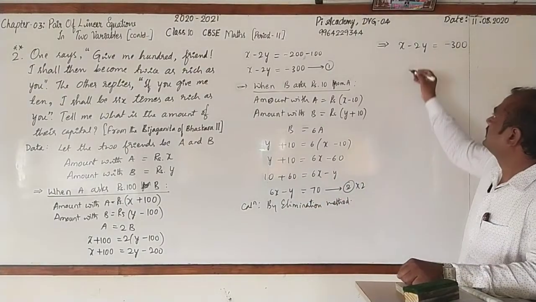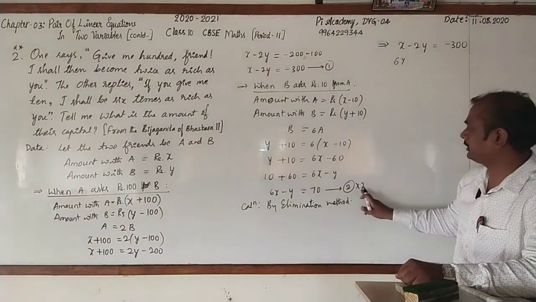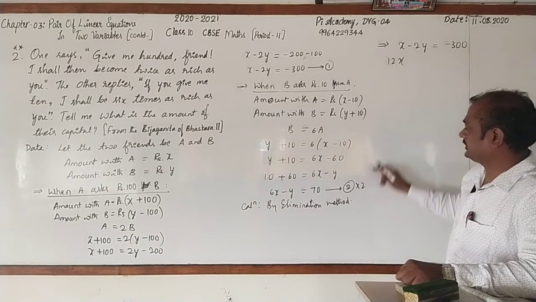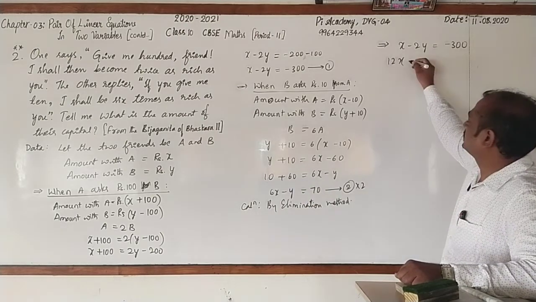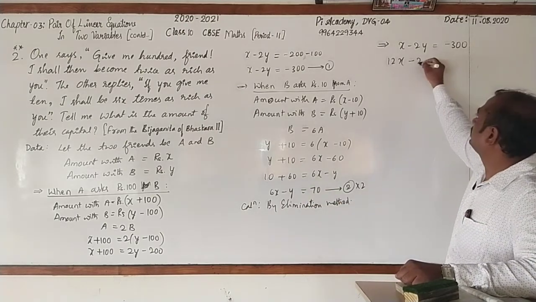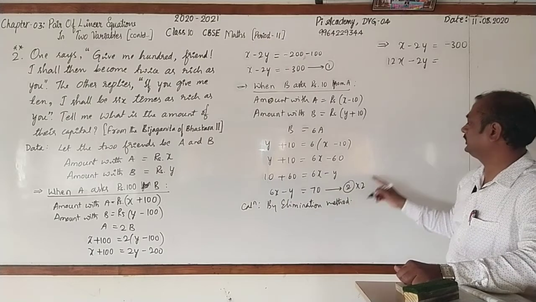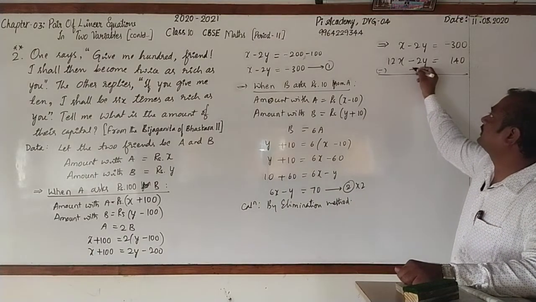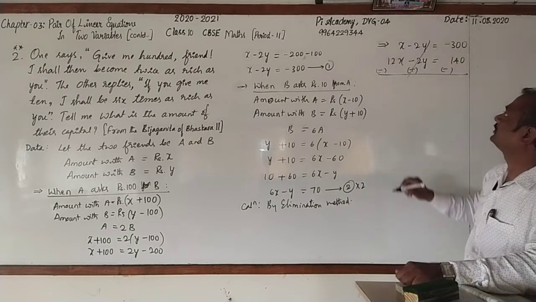Then this is 6x, multiply by 2. 2 sixes are 12. 12x minus 2 into y, 2y, this is equal to 2 sevens are 14, it is 140. Change the sign, minus, plus, minus.